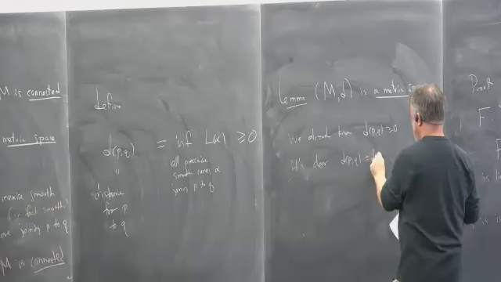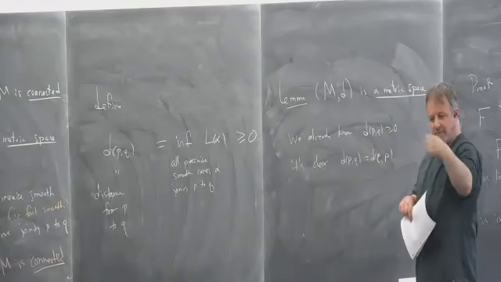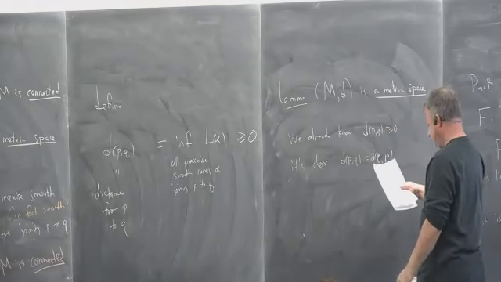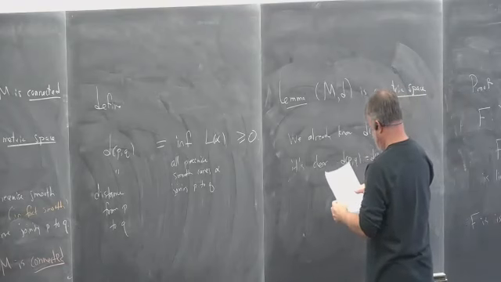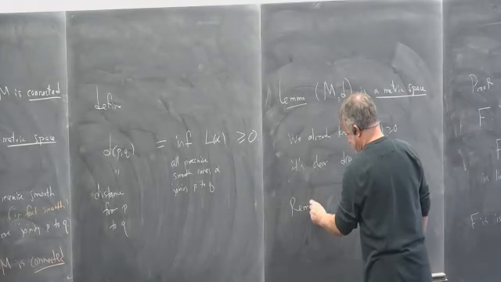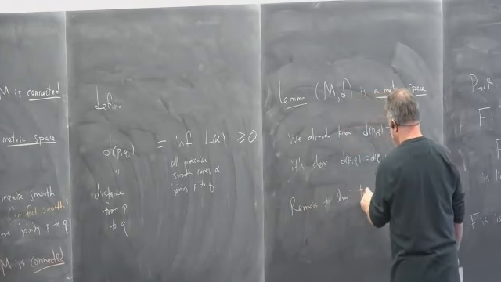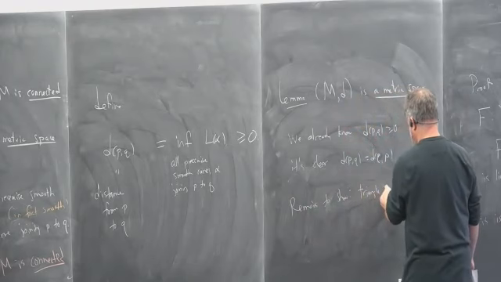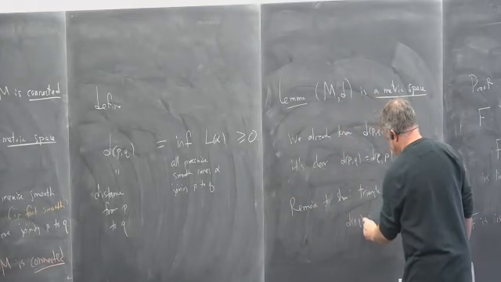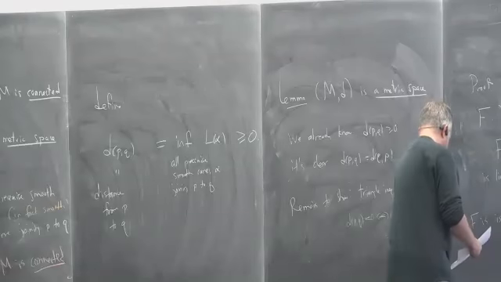It's symmetric, because anytime we have a curve from P to Q, we can follow the inverse curve and get a curve from Q to P, and those have the same length. So it remains to show the triangle inequality and that d(P,Q) equals 0 if and only if P equals Q. So we have to prove those two things.